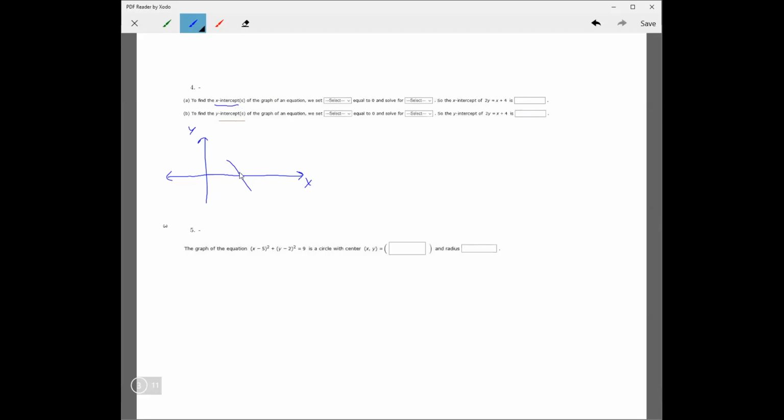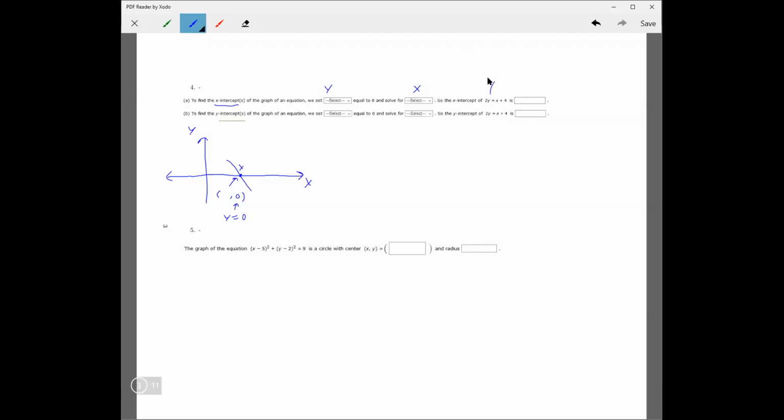And when it does that, notice that y is going to be 0. Okay, so y is 0 when that happens. So here we're going to set y equal to 0 and solve for x. And whatever the x component is going to be is the x-intercept.